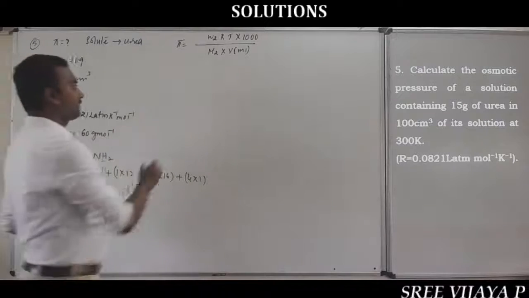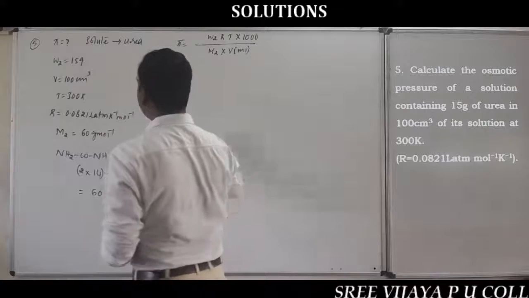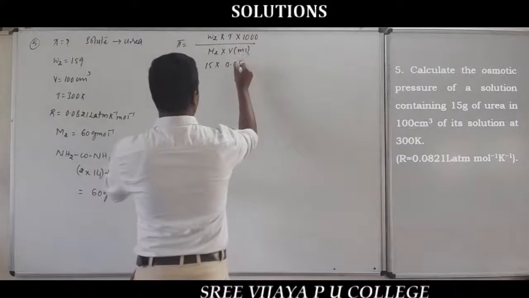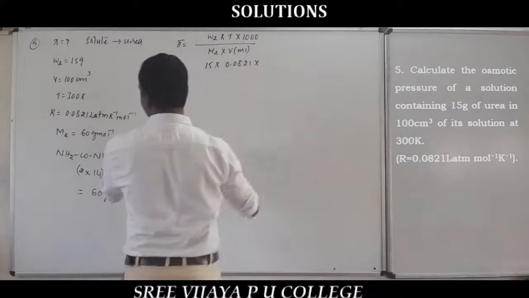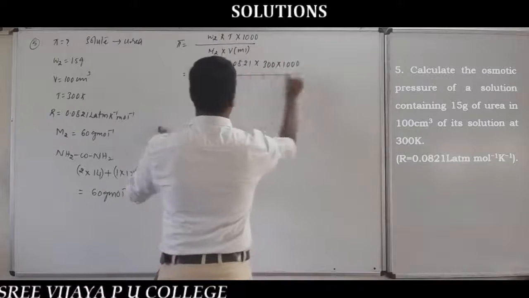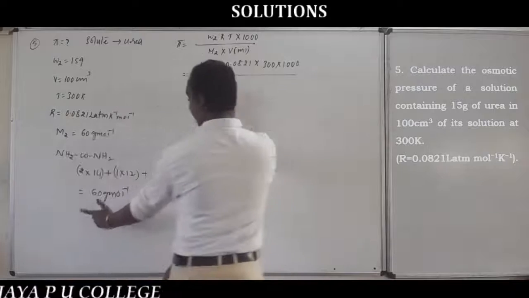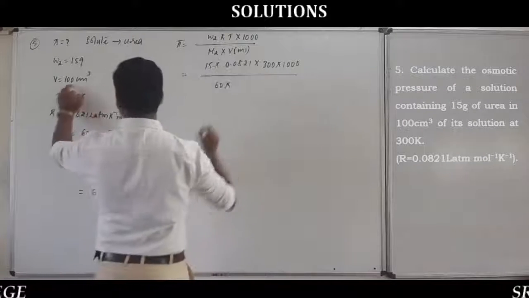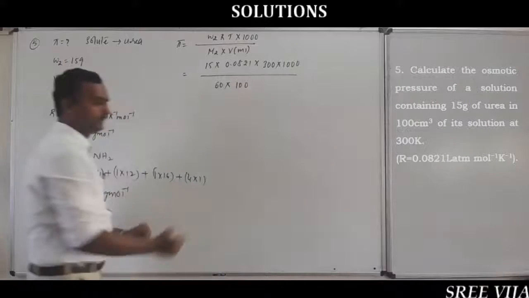So now substitute the values here. What is the value of W2? That is 15 into the R value 0.0821, into temperature 300 Kelvin, into 1000, whole divided by, what is the value of M2? M2 is 60 gram per mole, into the volume of solution 100 cm3.